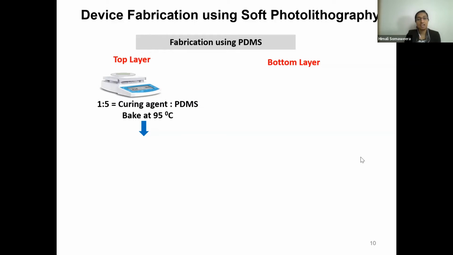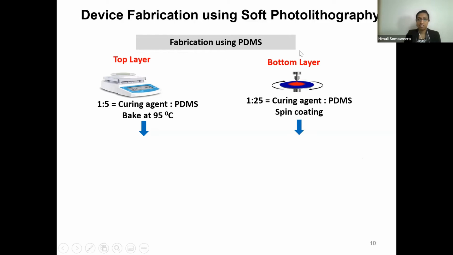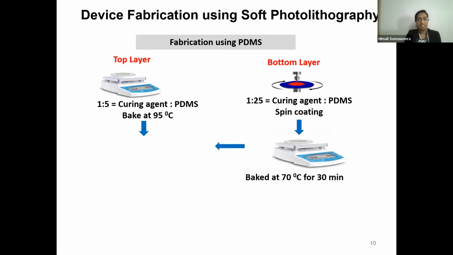For the bottom layer, we use spin coating, but the ratio of curing agent to PDMS is 1 to 25, because we need a very thin layer for the vacuum actuation.